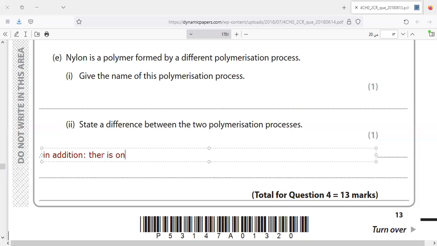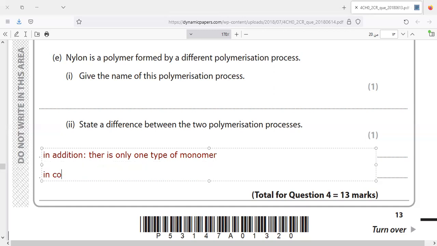But in condensation, there is more than 1 type, two different or more different monomers.